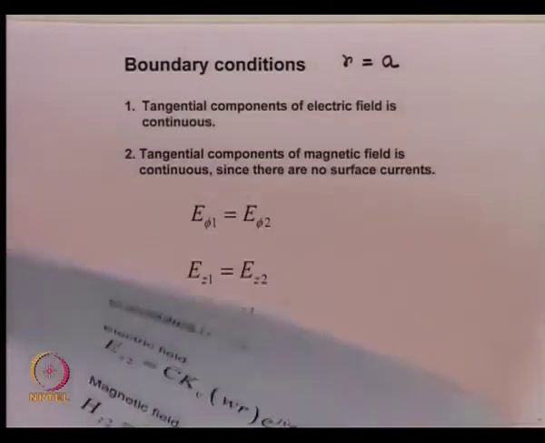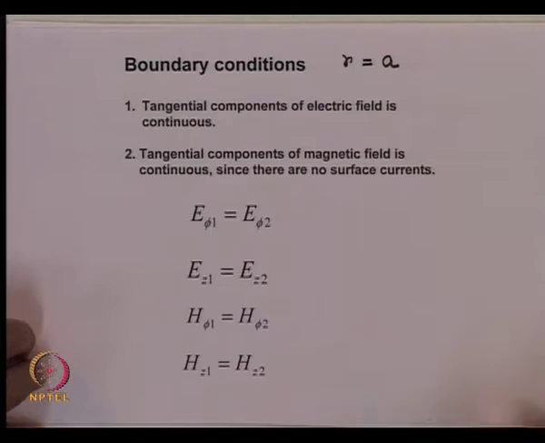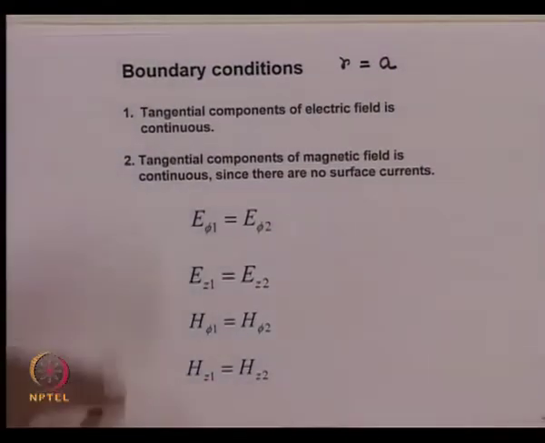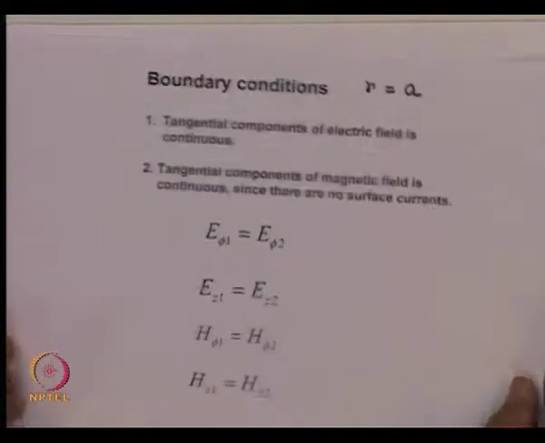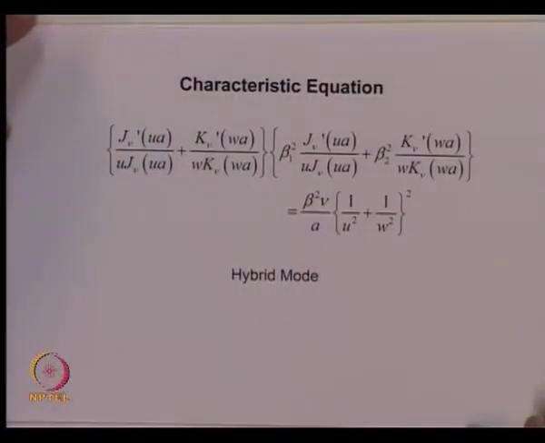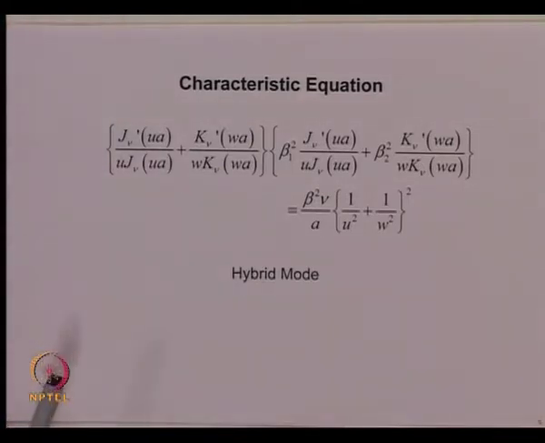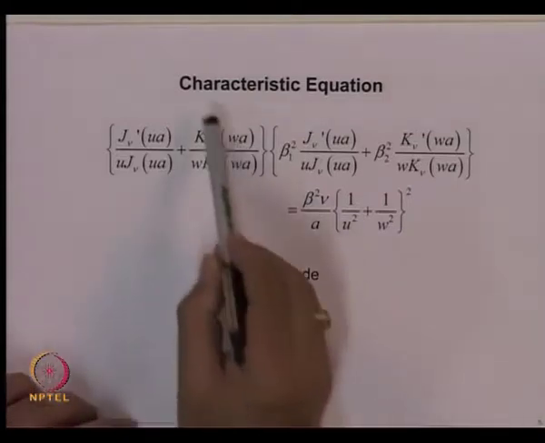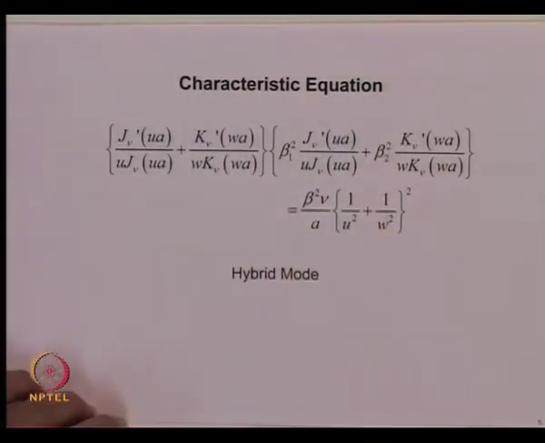So overall we have 5 unknowns, and from the boundary conditions we get 4 equations. So what we can do is eliminate these quantities A, B, C, D from these 4 equations, and then what we get is the characteristic equation of the modal propagation in the optical fiber. So if I equate the tangential components and eliminate the arbitrary constants A, B, C, D, then we get the characteristic equation of a mode, which essentially is given by this.